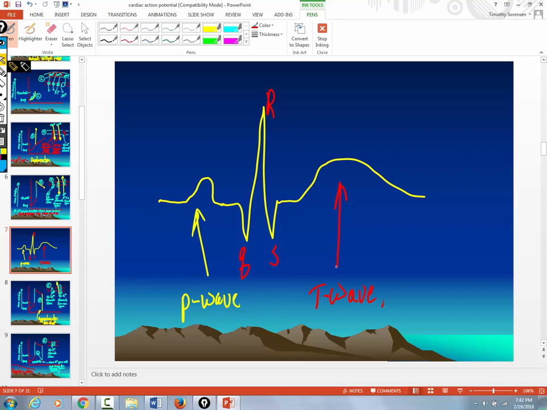So the first EKG change that you're going to see if someone's potassium level is high or low is on the T wave. And how you remember it is this. The T waves will become tall and tented in someone with hyperkalemia because you are piling up potassium.